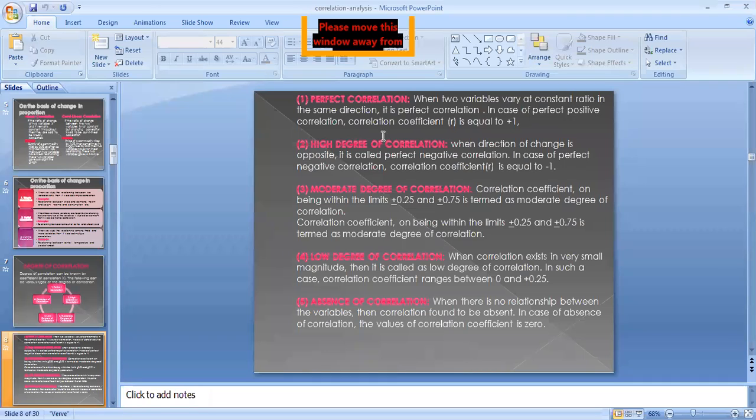Remember it. When the direction of change is opposite, it is called perfect negative correlation. Then the value of the correlation coefficient will be R equals minus 1.